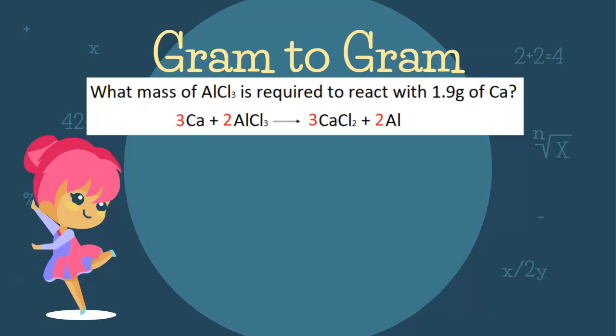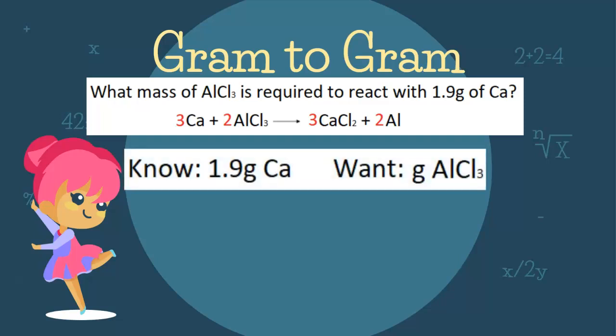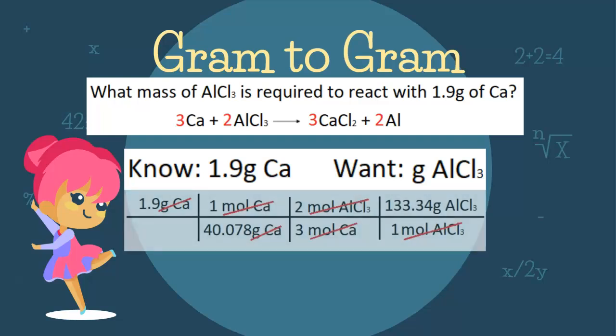And again, we can even take it one step further and go from gram to gram. For this problem, again, we identify our know and our want. We know we have 1.9 grams of Ca. We want the grams of AlCl3. Our equation is already balanced, so we can plug it into our dimensional analysis, starting with what we know.